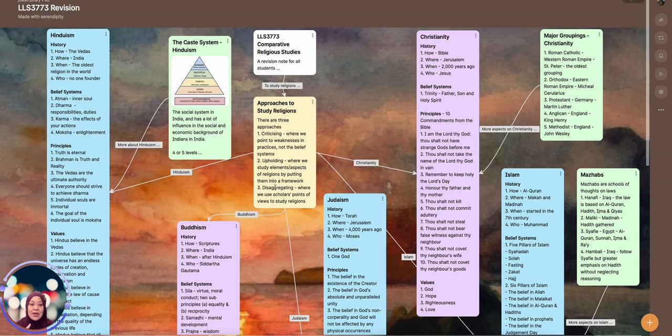Number 2, thou shalt not take the name of the Lord thy God in vain. Number 3, remember to keep holy the Lord's day. Number 4, honor thy father and thy mother, thy meaning your. Number 5, thou shalt not kill. Thou means you. Number 6, thou shalt not commit adultery.